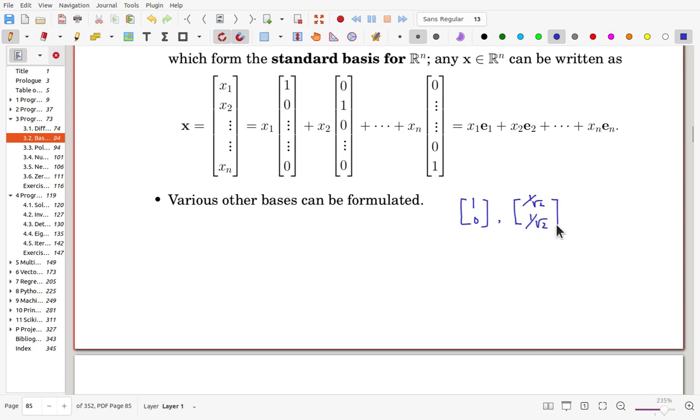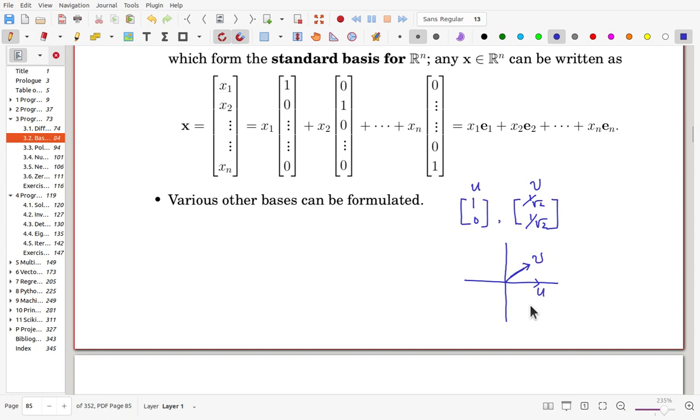So the length is 1. Pictorially, one vector is this one, and another is a 45-degree angle length 1 vector here. If we say that is u and that is v, then there is u and there is v.